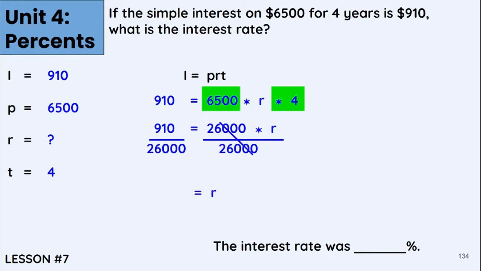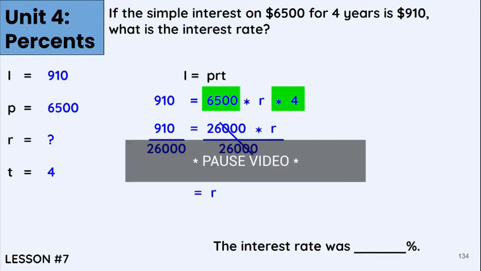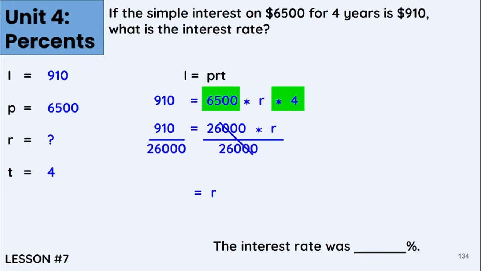R equals, go ahead and do 910 divided by 26,000. All right, you should have found the answer to be 0.035. Now we have to turn this into a percent. We move the decimal over once, move the decimal over twice. It should be 3.5%.